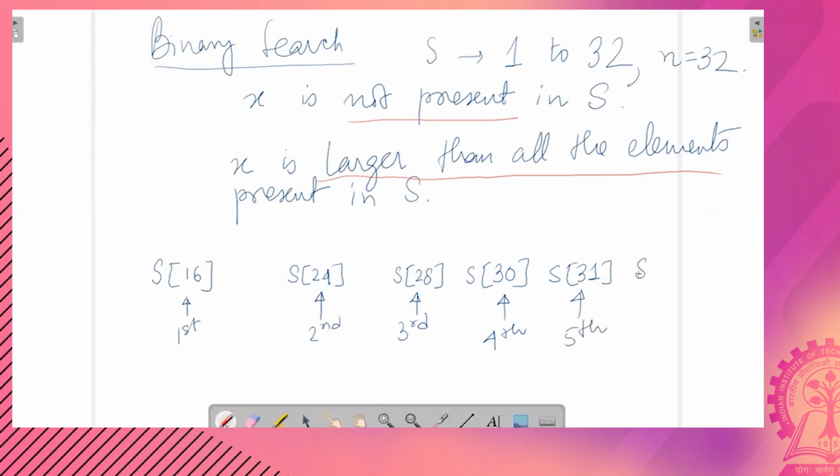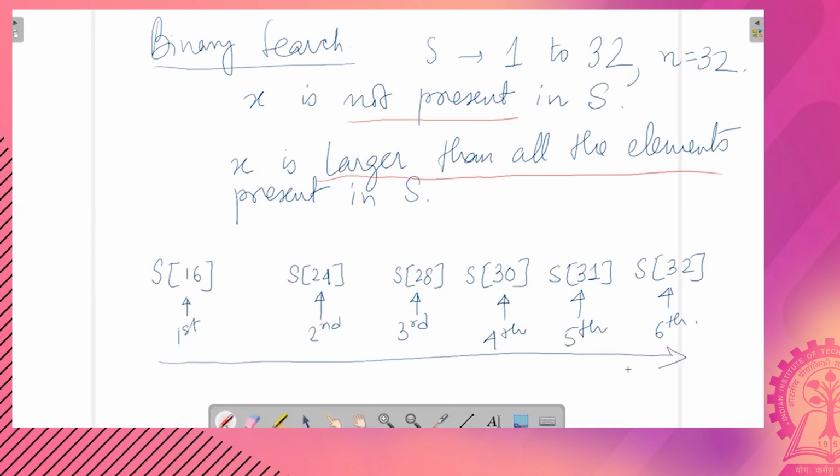And then S32 is the sixth comparison. So you see that we are actually having to make 6 comparisons, starting from S16 up to S32.